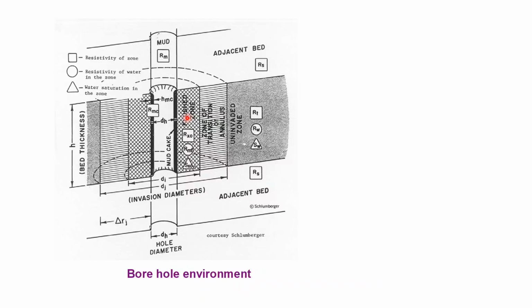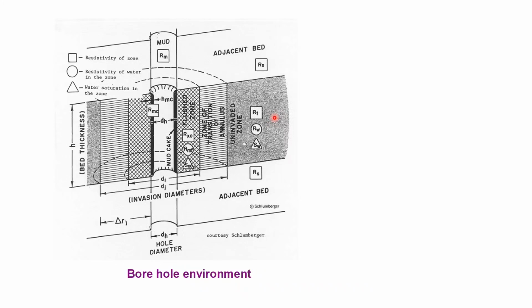So this place where the water content has moved by the mud cake is called the flushed zone. And from the place where this is moved and it went to the next location, that is the zone of transitional annulus. And this is the place where the mud or the chemical didn't have any effect. This is called the uninvaded zone.